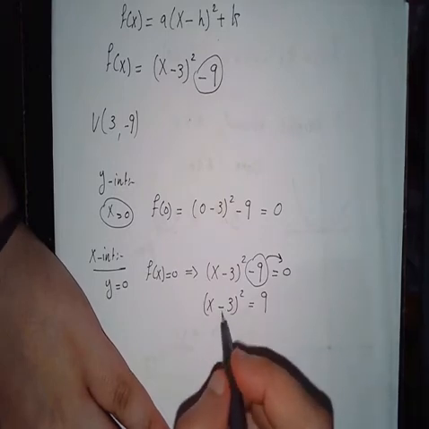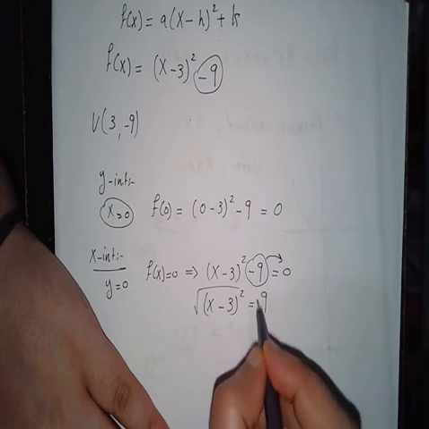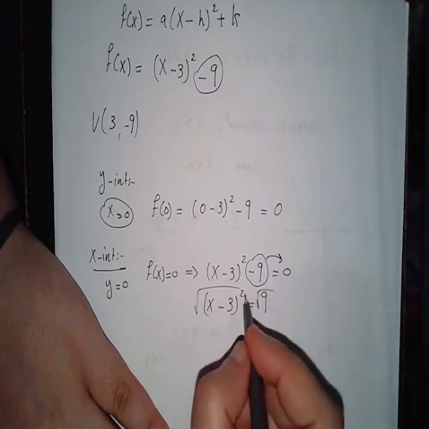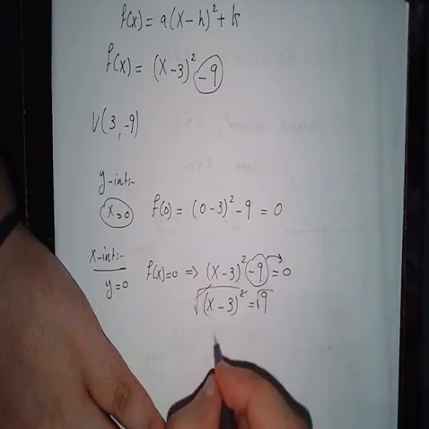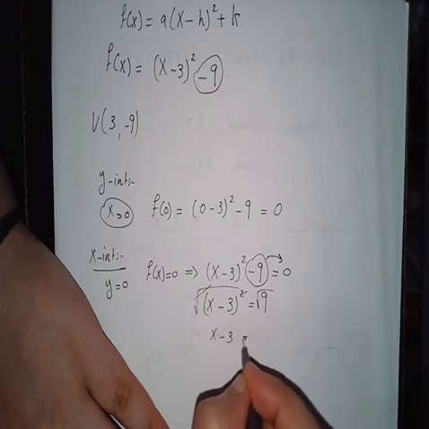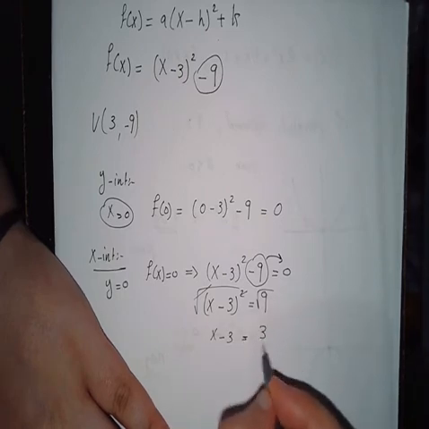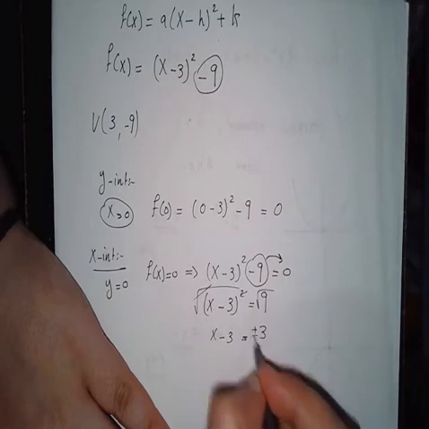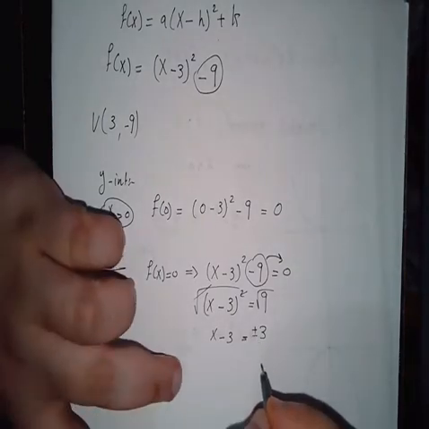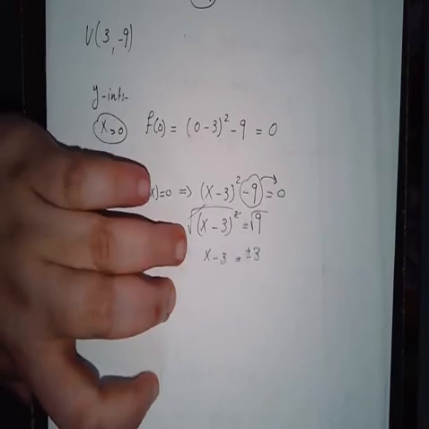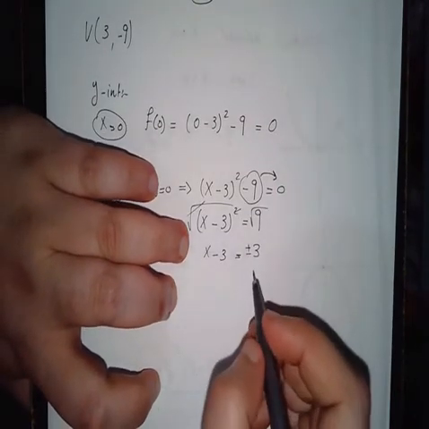Now, I'm going to take the root of both sides. This square cancels with the root, and you end up with x minus 3. And over here, the answer of this root is going to be 3 on this side. And don't forget the plus or minus. So it's either positive 3 or negative 3. Yeah?